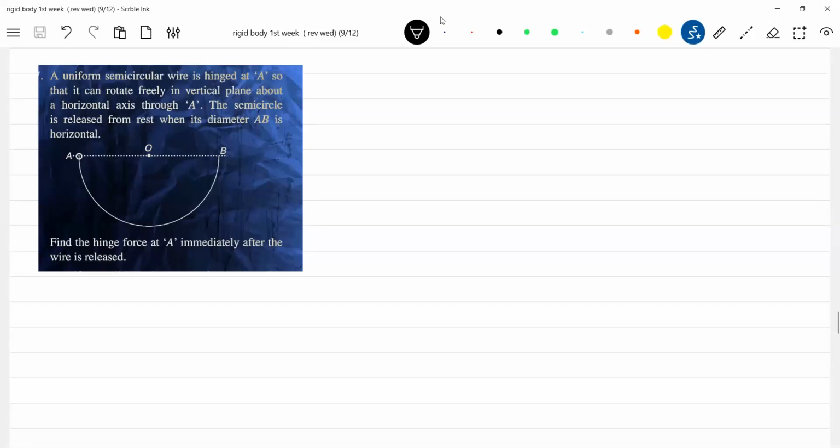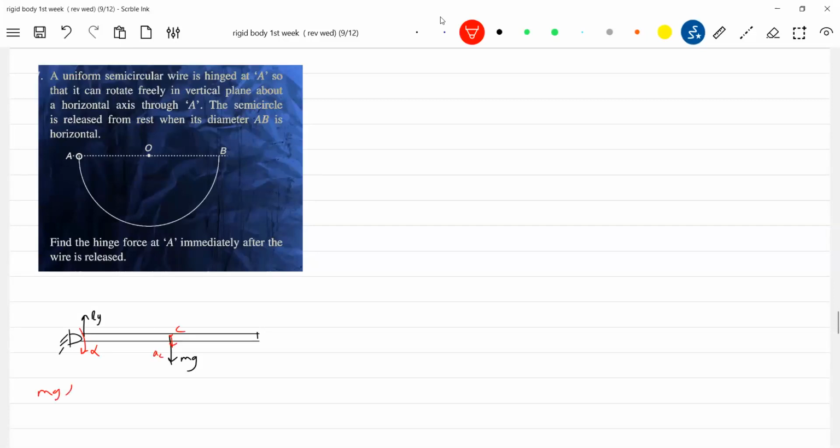So usually when we do the same problem for a rod, this is what happens. The moment I release, the weight mg will act. There's a reaction Ry. So there'll be a torque set up about the support.